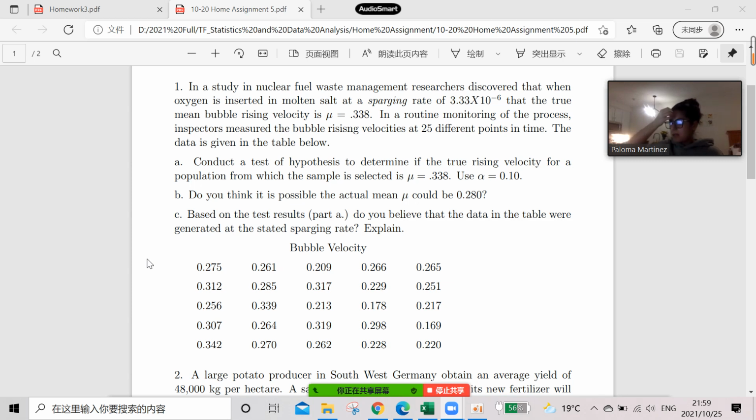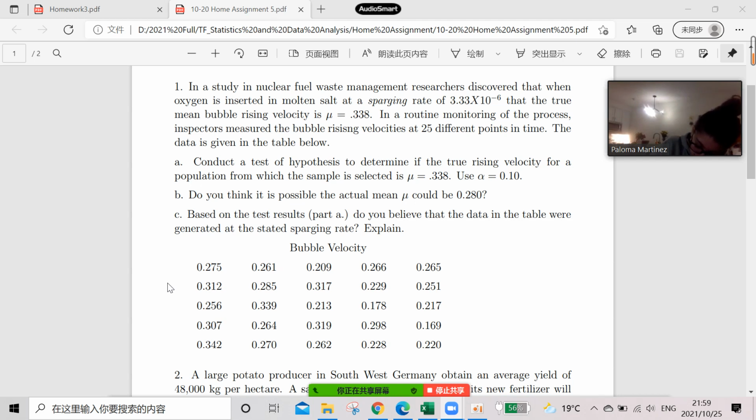So how do you do that without putting it all into a calculator? First, you're going to find the mean and standard deviation of those 25 observations. In the chart there are 25 observations, and you need to find the mean and the standard deviation of that data set.